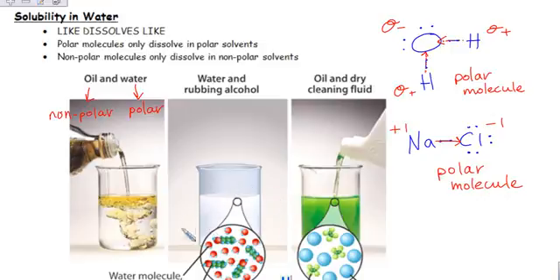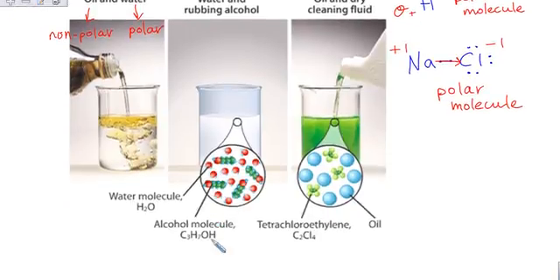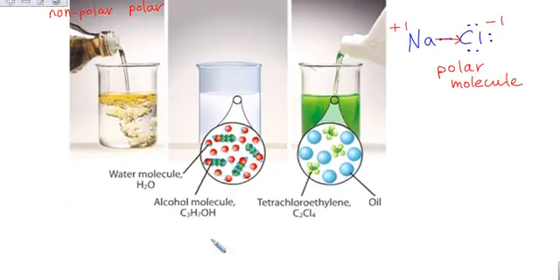This center picture, they're trying to show that the water and the rubbing alcohol do mix. They are soluble. They also give me the formula of that alcohol molecule. It looks kind of like this. We'd have 3 carbons, single bonded. They will be surrounded by 7 hydrogens. And then the last spot belongs to that OH group.